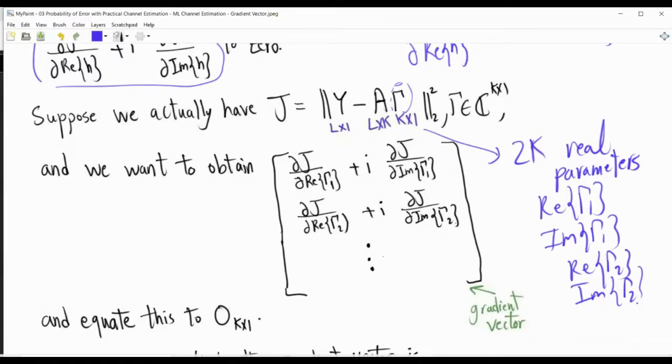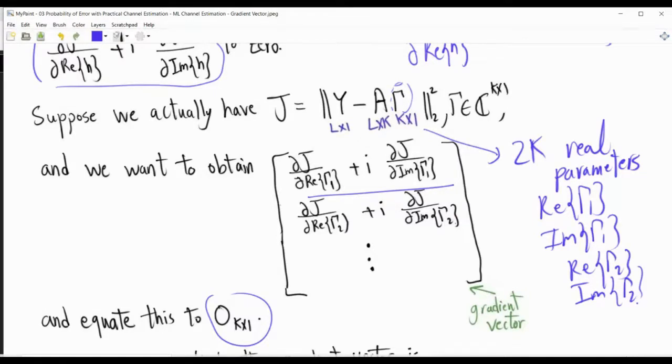How can we obtain this vector in one step? If you take a vector and equate it to the all zero vector, you are equating each component to zero, and by equating each component to zero, you are equating each partial derivative to zero.